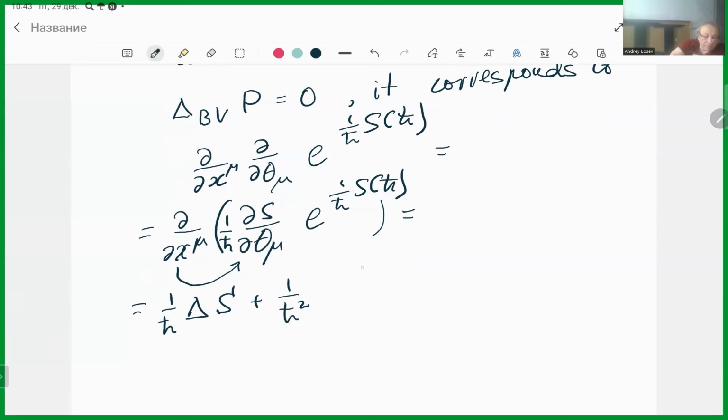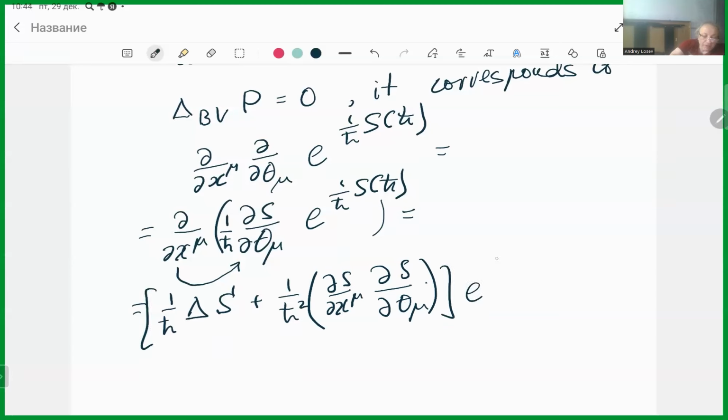And so I'll get ds over d theta mu, ds over dx mu, and actually there is a sign. Let me see if there is a sign, no sign in such description. Okay, and all this multiplies exponential 1 over h S over h.